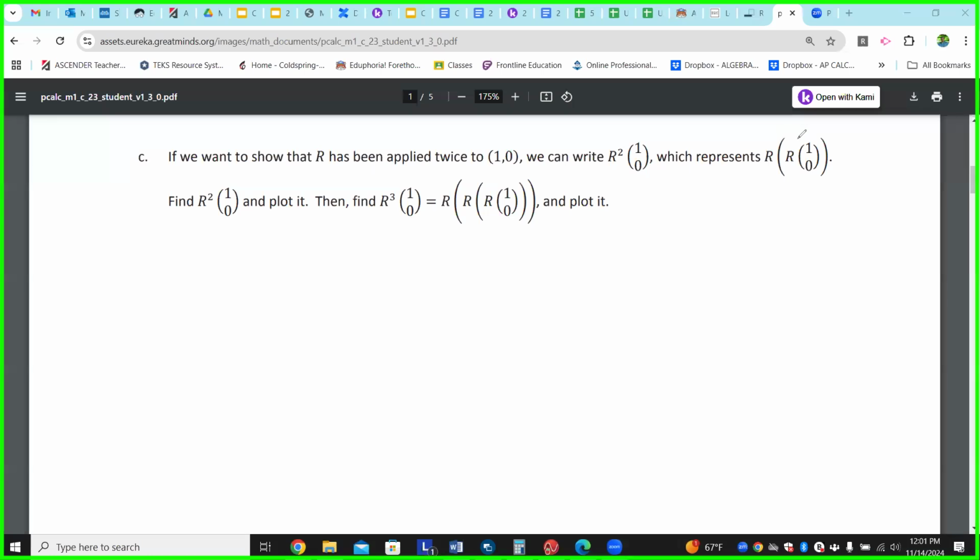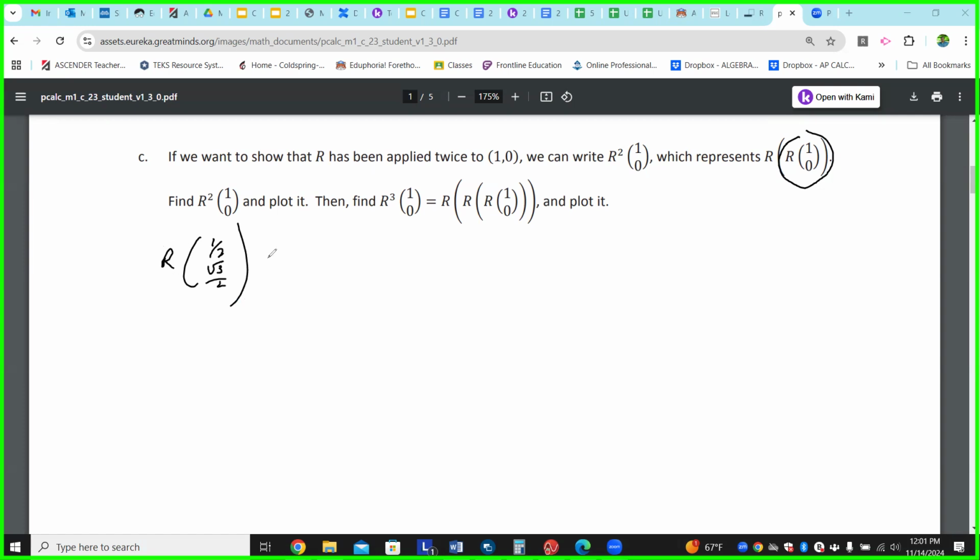So we've already calculated this in part B, so I'm just going to start there. So this now becomes R, which remember was, well, I'll just write it like this. R times this guy, which was, you said point, I'm going to keep it as fractions.